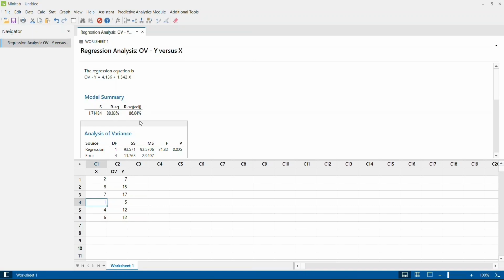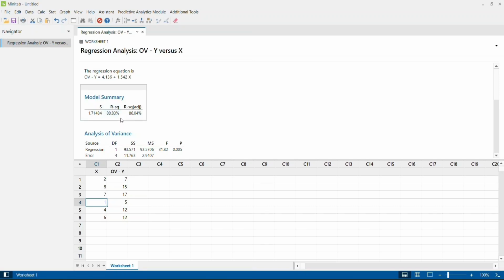Then adjusted R square does not have relevance when you are dealing with simple linear regression of single x controlling single y. When you are dealing with multiple regression, adjusted R square has relevance. So at this point of time, R square is important. And what is R square? Your 88.83% of R square means the amount of variability in your response parameter can be explained 88% through this input.